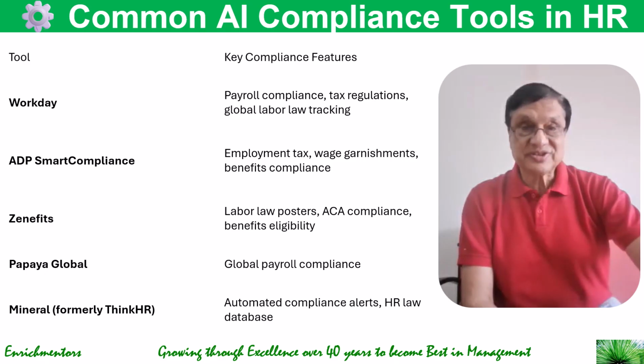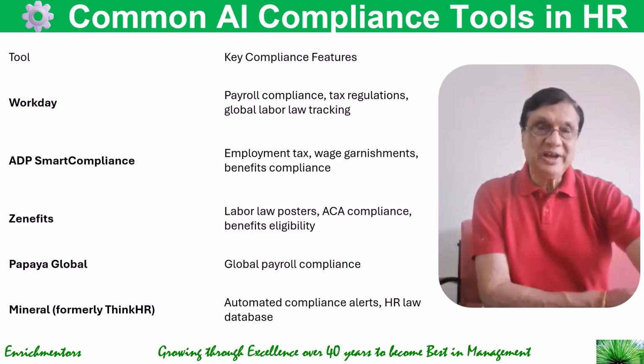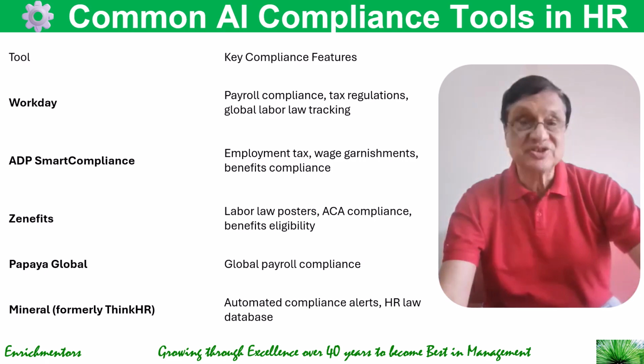Then there is Zenefits that has labor law posters, ACA compliance, benefits eligibility. Papaya Global does global payroll compliance and automated compliance alerts, and HR laws database happens in Mineral, formerly ThinkHR. So these are some common tools and we will look at more detail in the next lecture.